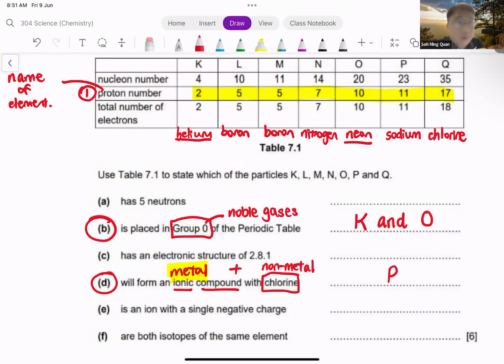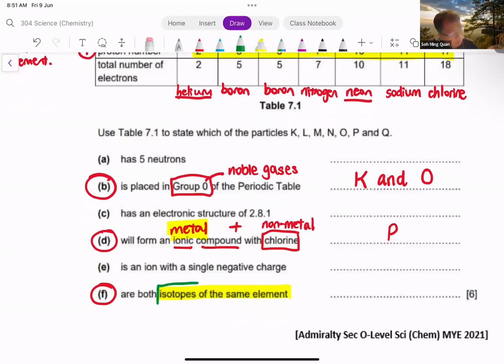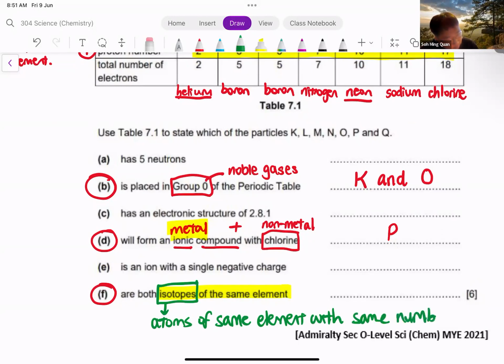Now, another question that we can solve just based on the name of the element is actually part F. Which two particles are isotopes of the same element? Okay, in case we have forgotten, what are isotopes? Isotopes are atoms of the same element with the same number of protons.